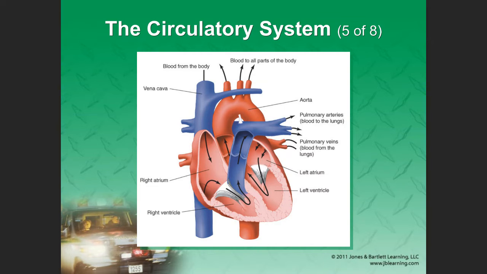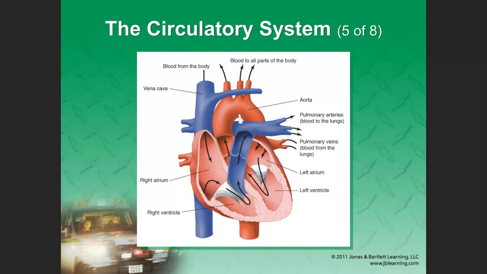It is the largest chamber of the heart because it does the most work. The left ventricle is responsible for pumping blood up into the aorta, which is going to distribute that oxygenated blood to the rest of the body. So it does the most work.